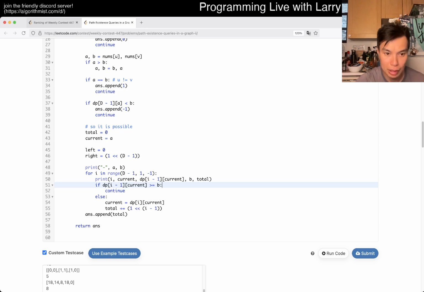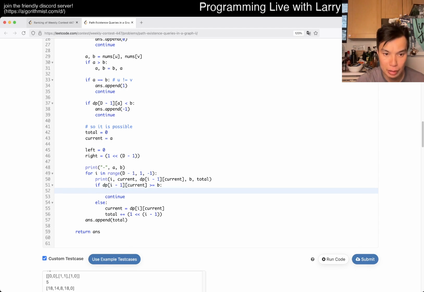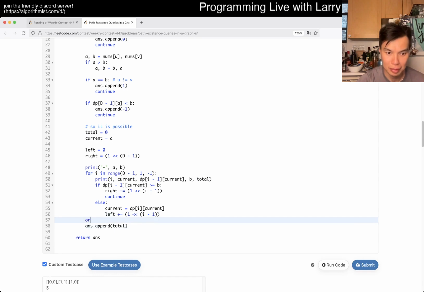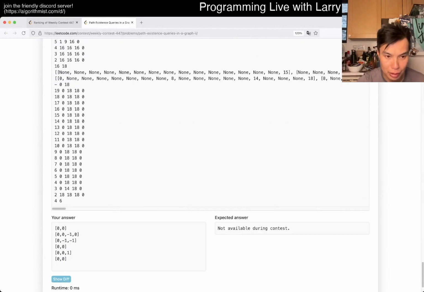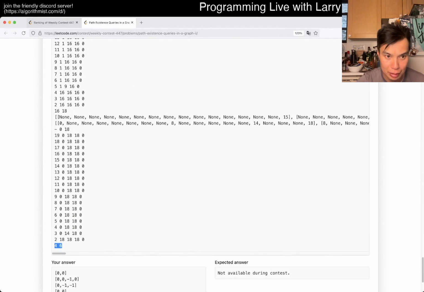So this is the left side. Then now right is equal. We subtracted by right? Here, then left. I don't know, does that even work? In total it's just gonna be 0, but 4 and 6, what does that mean?